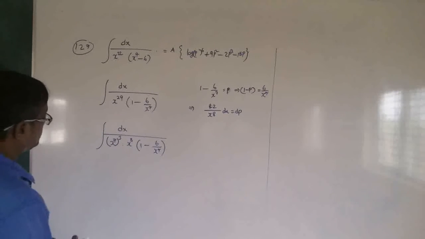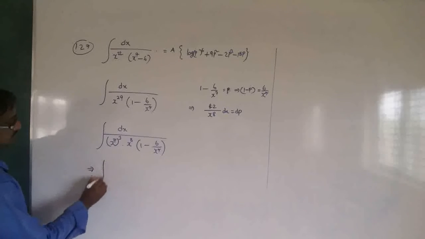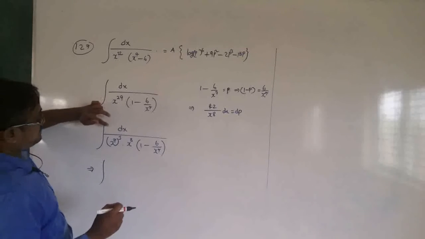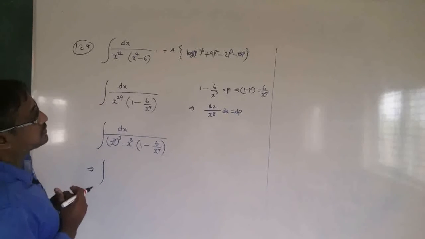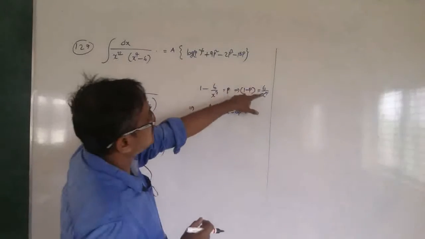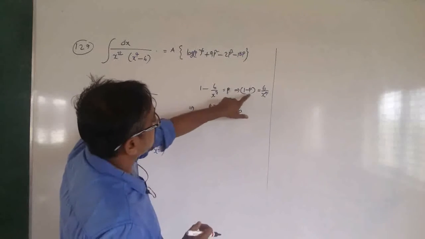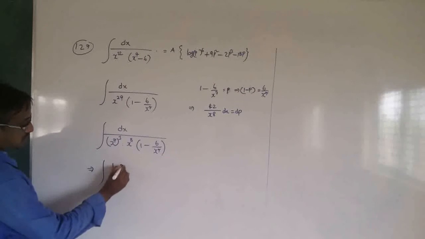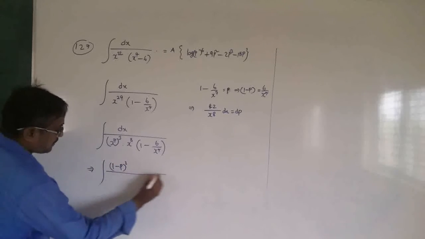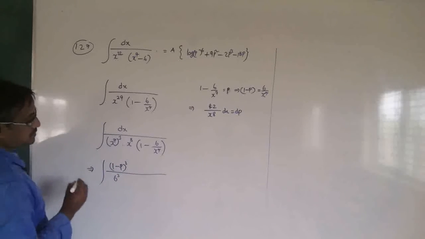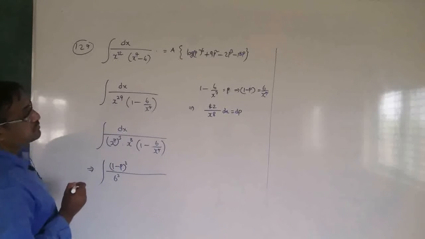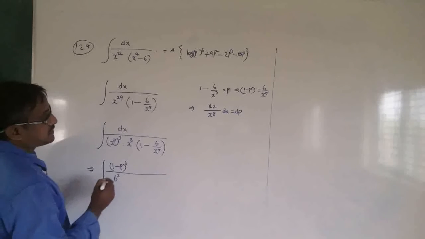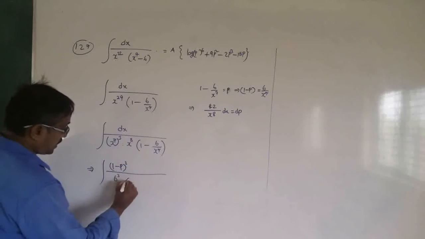Now see this integral 1 by x power 7 whole cube. 1 by x power 7 can be written as 1 minus p by 6. So it will be 1 minus p whole cube by 6 cube into, now 1 by x power 8 dx. 1 by x power 8 dx can be written as 1 by 42 dp.